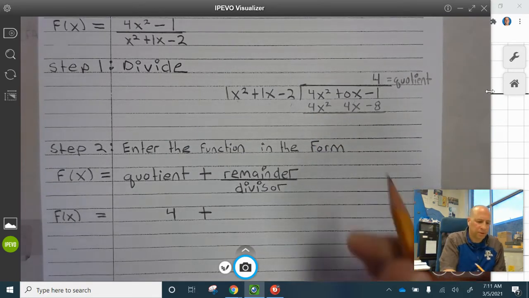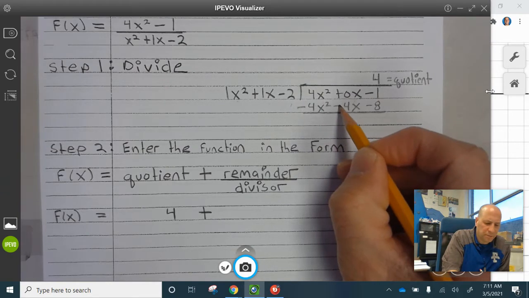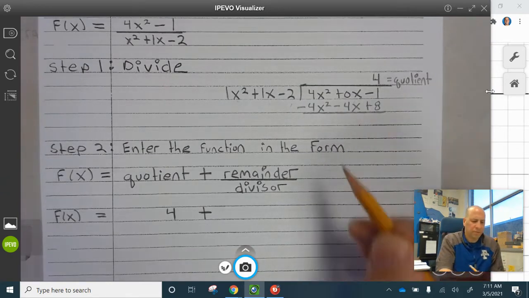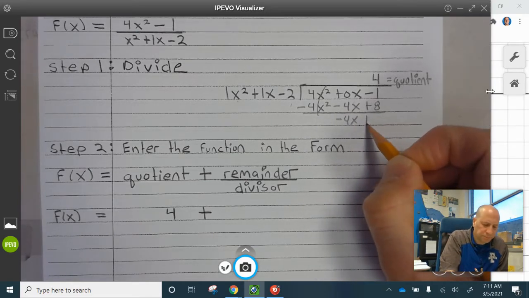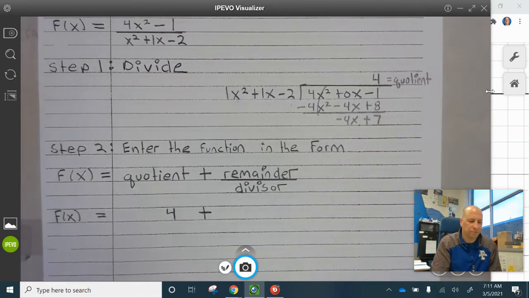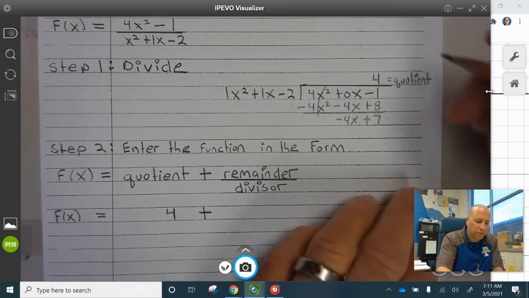And we subtract. Minus, minus, plus, that cancels. You're left with negative 4x plus 7. So that is your remainder.